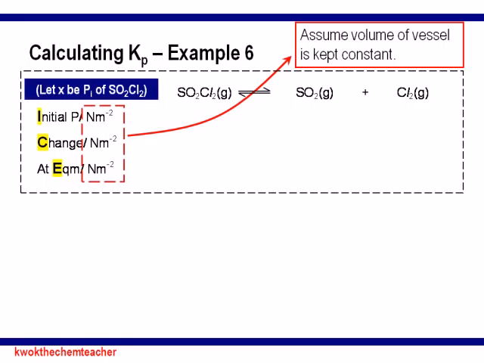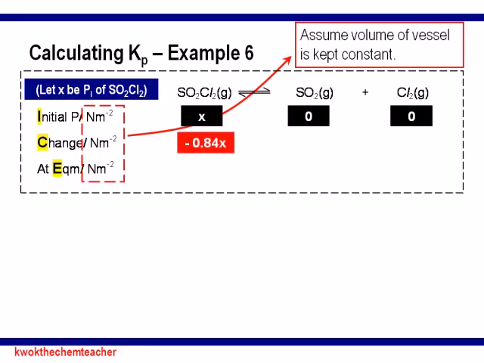But in this case, we have assumed that the volume of the vessel is kept constant, so we let x be the initial pressure of SO2Cl2, which is found below, and we have assumed that sulfur dioxide and chlorine have not been formed, so their initial partial pressures are 0. The question told us that 84% of SO2Cl2 has been dissociated, so it will be minus 0.84x.